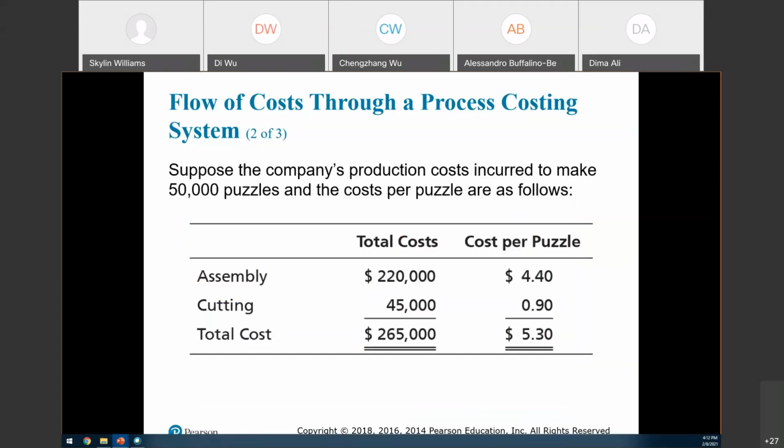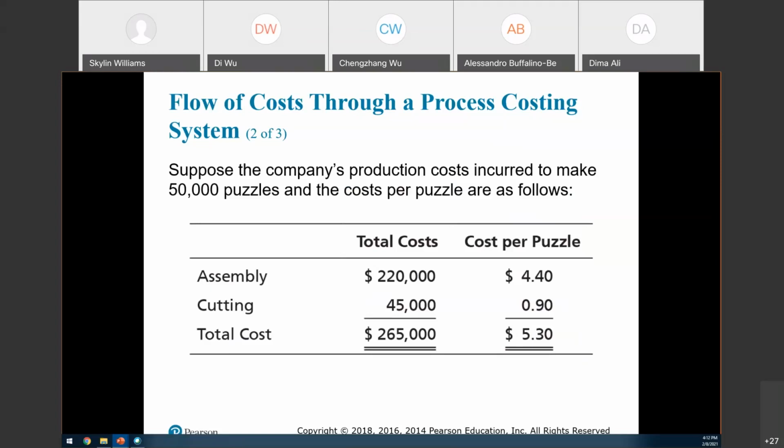So let's suppose the company's production cost incurred to make 50,000 puzzles, and the costs per puzzle are as follows. For assembly process, the total cost is $220,000.